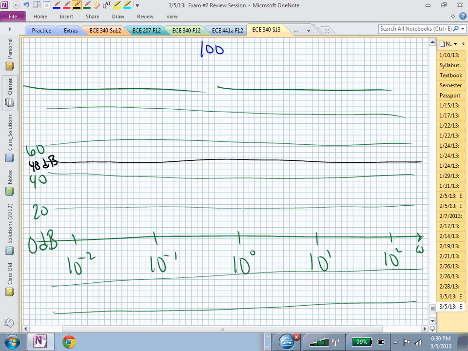Then I had a pole at the origin, didn't I? So that's going to go through 0 dB, and then it's going to back off or slope. That's due to my pole at the origin. Then I had a pole at 0.1, didn't I?